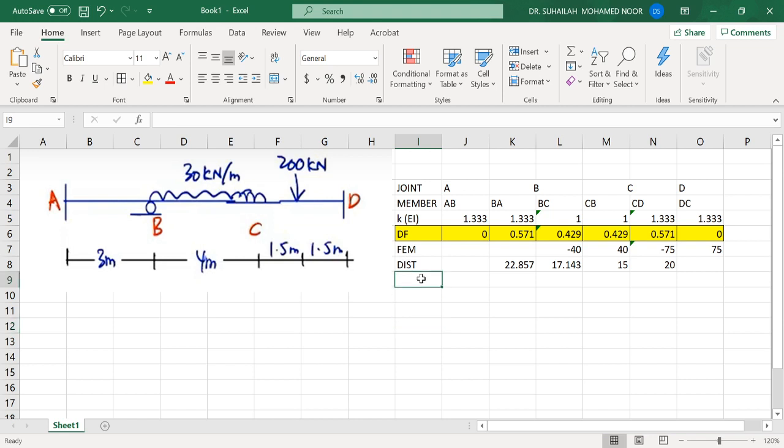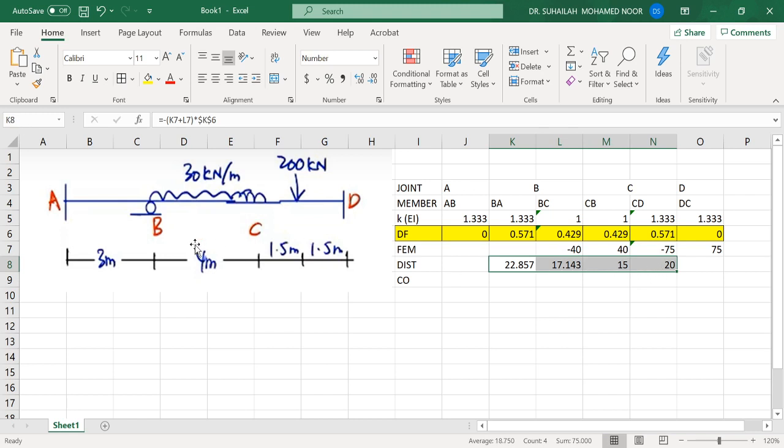After distribution, the process will continue with calculating the carryover, by multiplying this value with the carryover factor.